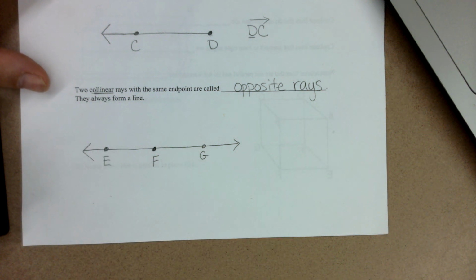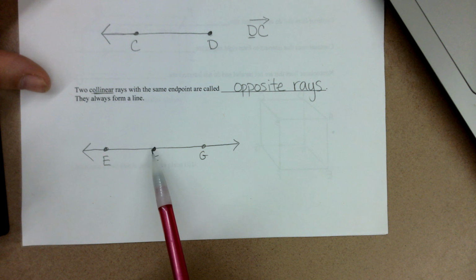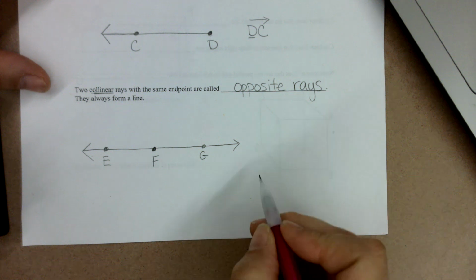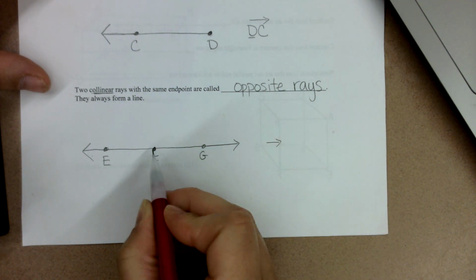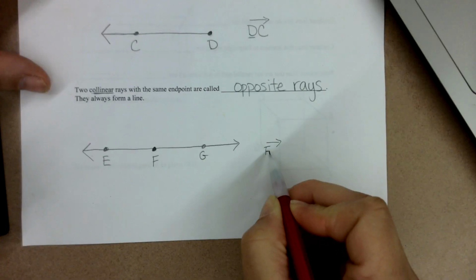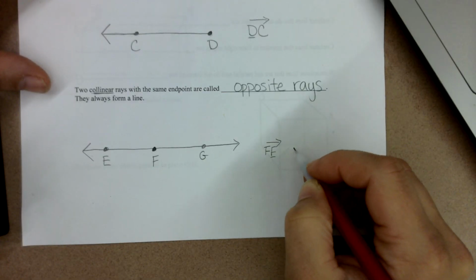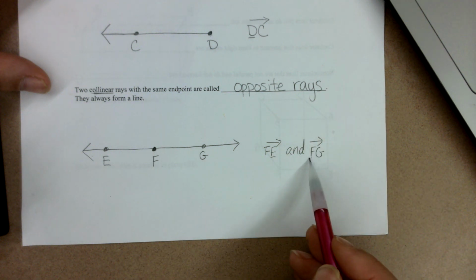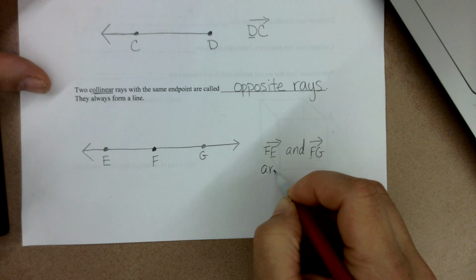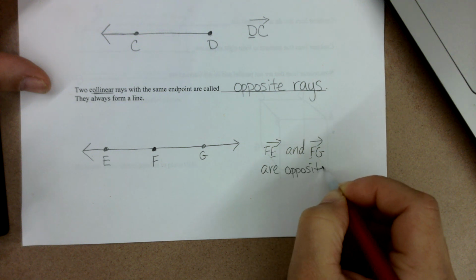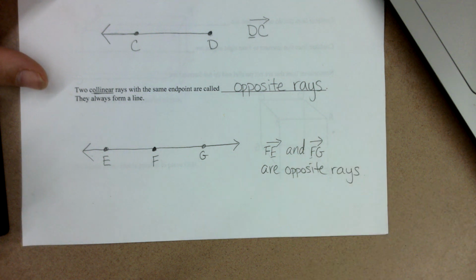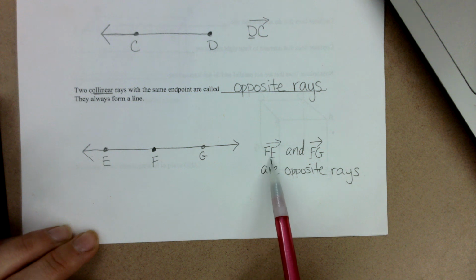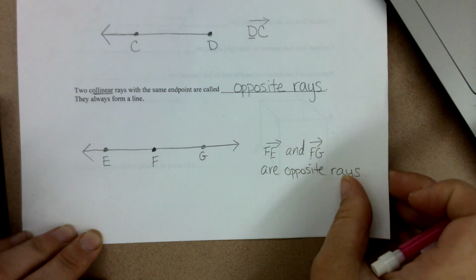We'll call that E. So ray FE and ray FG are opposite rays. Again, you start with the endpoint as the first letter. You just need to remember when you're writing a ray, when you have the two letters, that the endpoint is the first letter. That's very important.